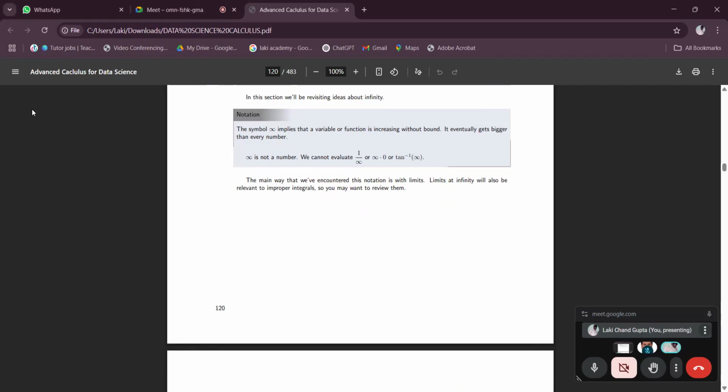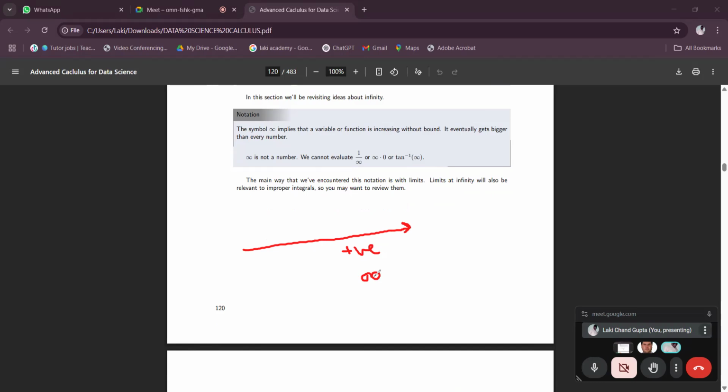Infinity means what? Infinity means a function is increasing towards the positive side. Infinity is not a number. Infinity is a symbol which represents that a function is increasing without any bound.